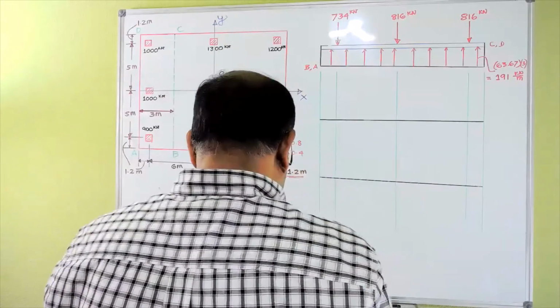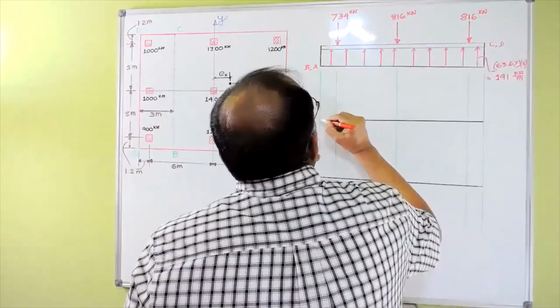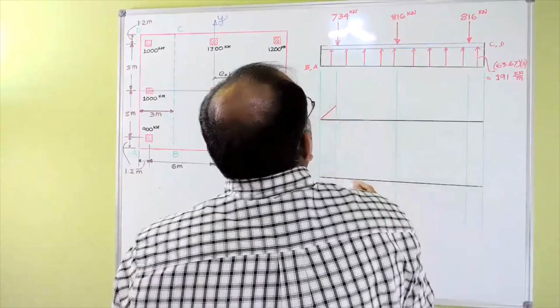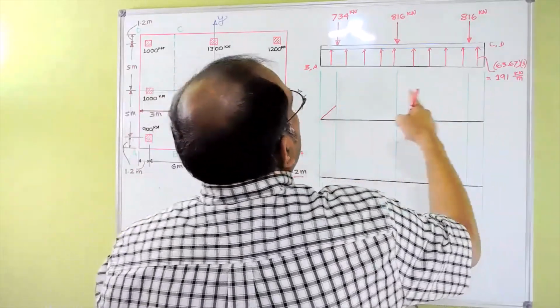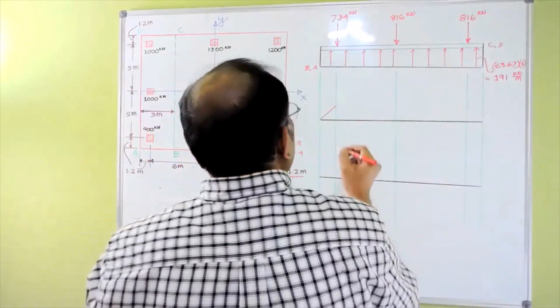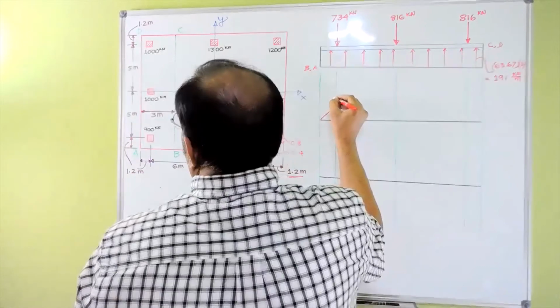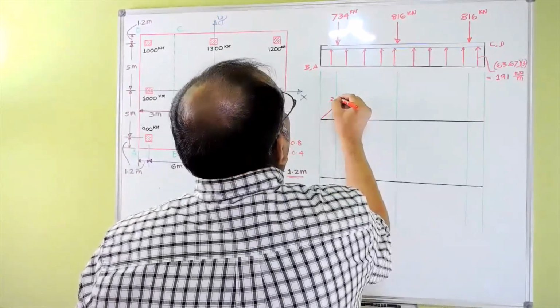This one looks like this. And then this one, you can see, would be 191 multiplied by 1.2. So that's actually 229.